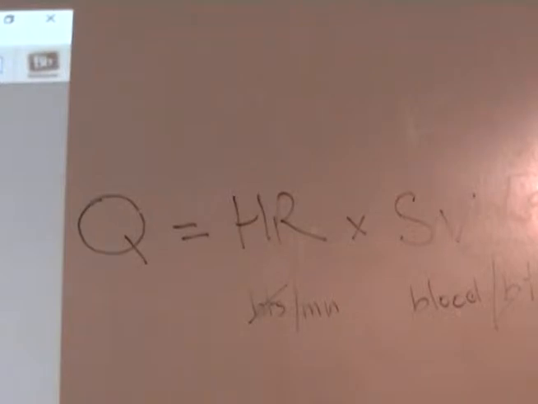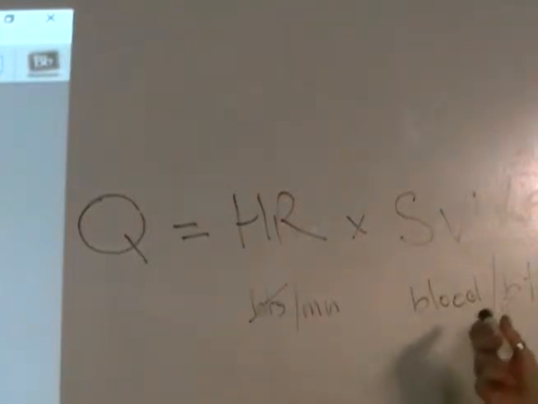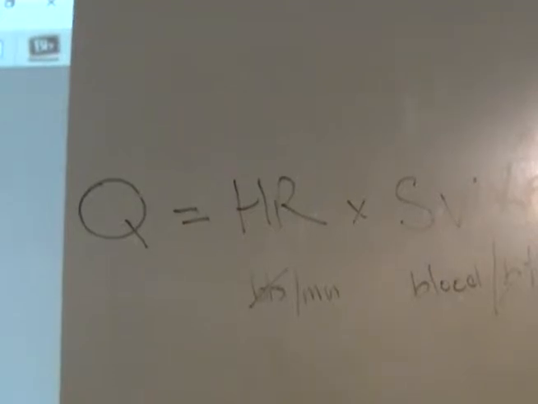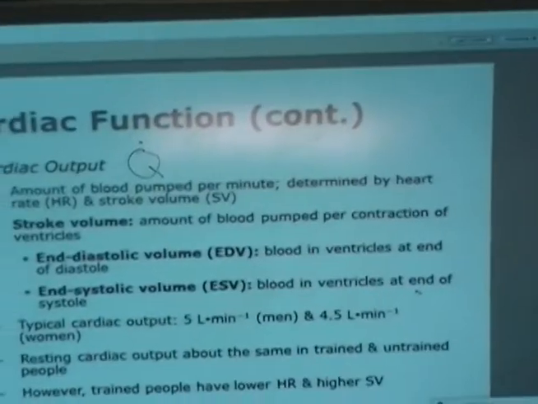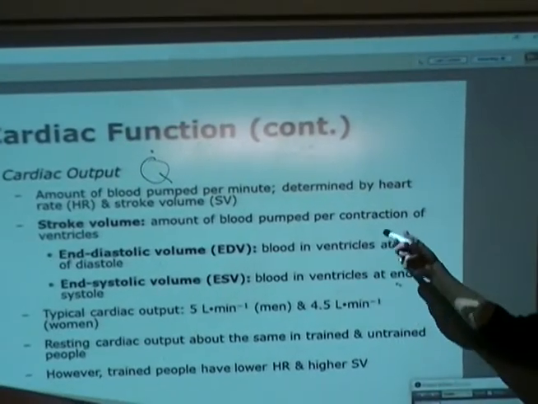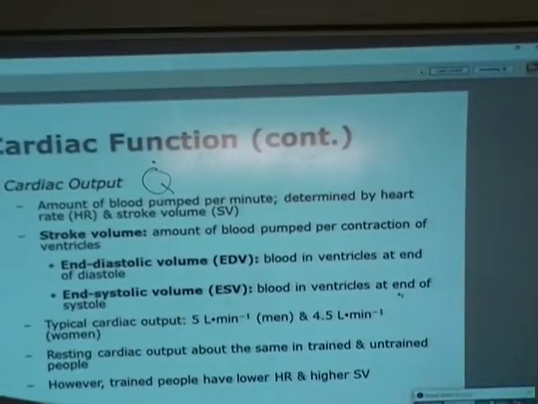So again, I think that's easier to remember, but if you don't like the equation, then cardiac output is the amount of blood pumped per minute. Stroke volume is the amount of blood pumped per contraction, so per beat.